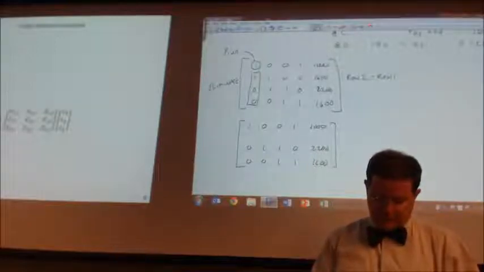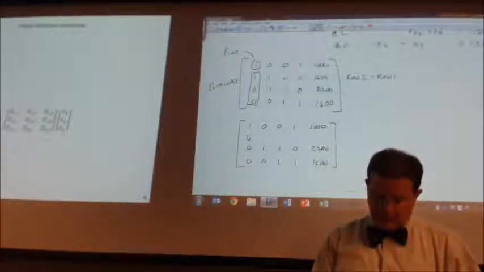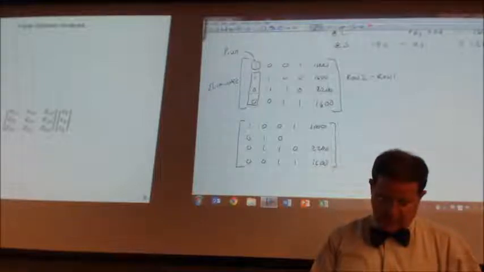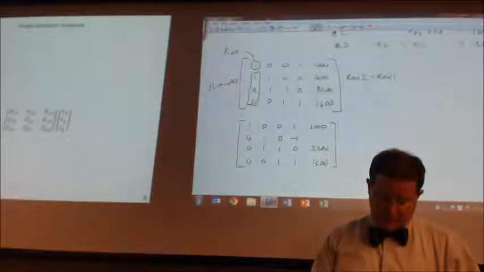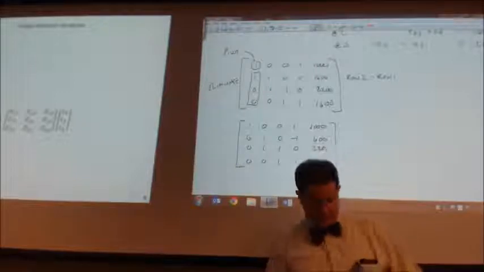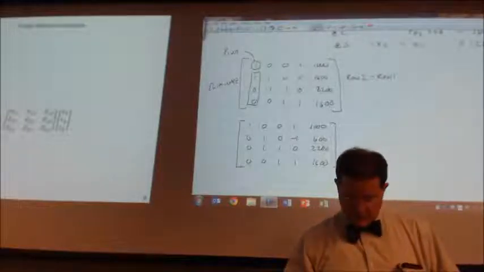Okay, so 1 minus 1 is 0, and 1 minus 0 is still 1, 0 minus 0 is 0, 0 minus 1, this is 1, and 1600 minus 1000 is 600. Right? Everybody agree with that?